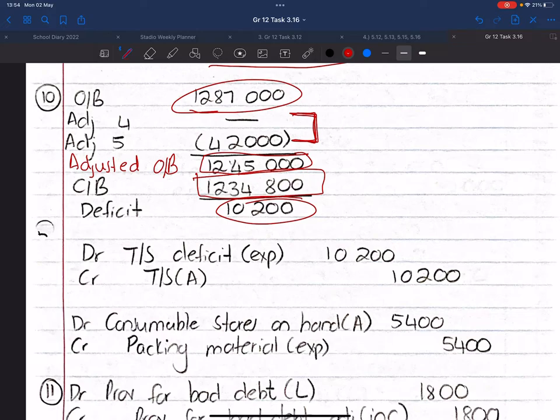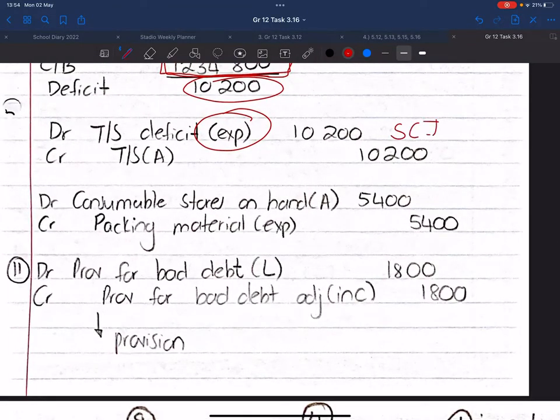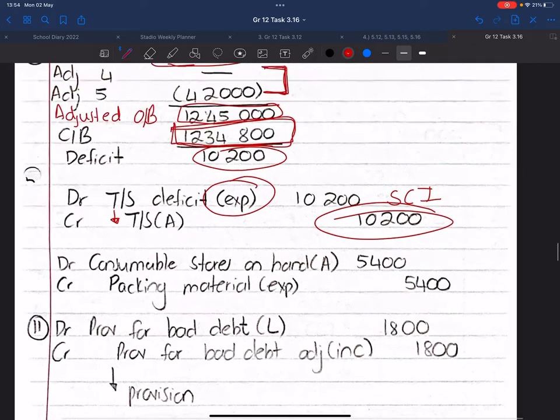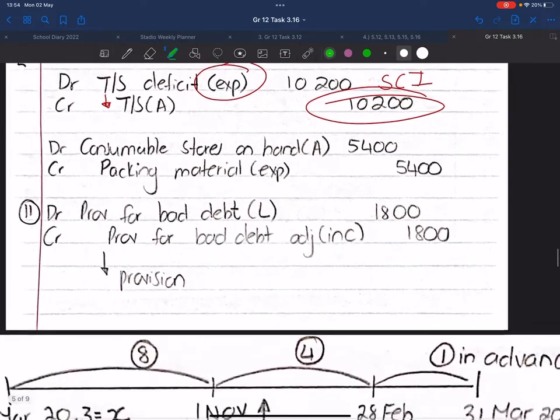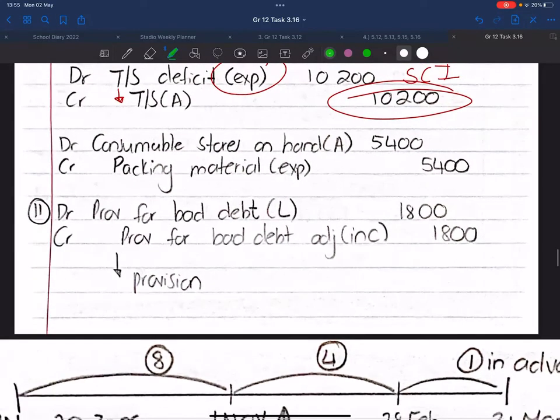In this instance, it's a deficit because our stock count revealed a lot less stock than what we thought we had, so we have to account for the trading stock deficit expense in the statement of comprehensive income, and we credit and decrease our trading stock with the deficit so that we get to the closing balance of the physical stock count. And then the same with the packing materials on hand at year end. You just decrease your packing material expense and you take it to consumable stores on hand.